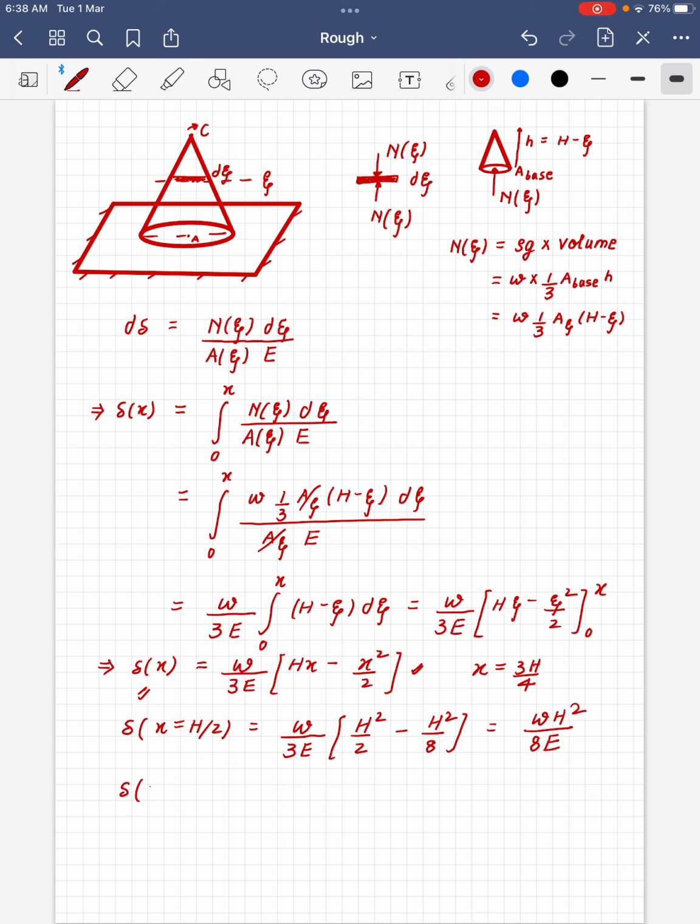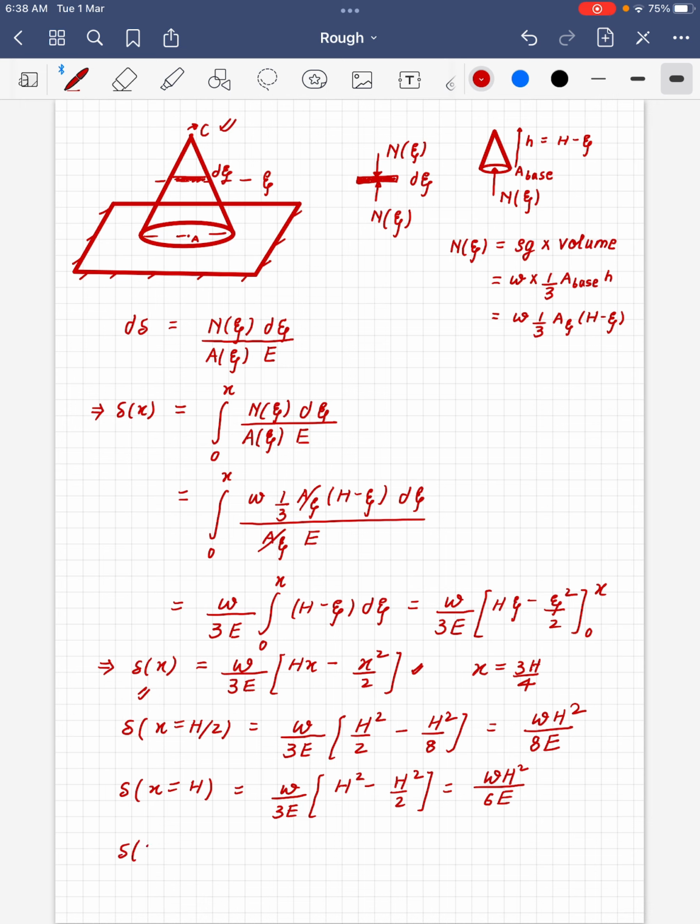We can also find out the deflection at point C. Putting x equal to h, we get W by 3E into (h square minus h square by 2). So it will be W h square by 6E.